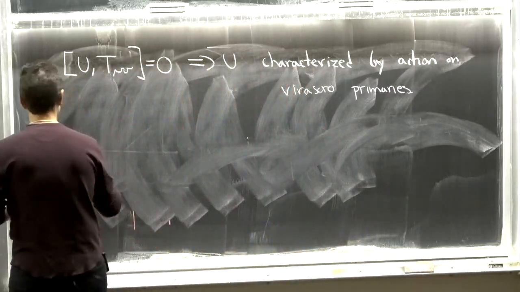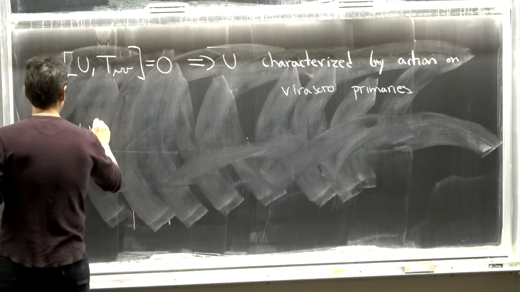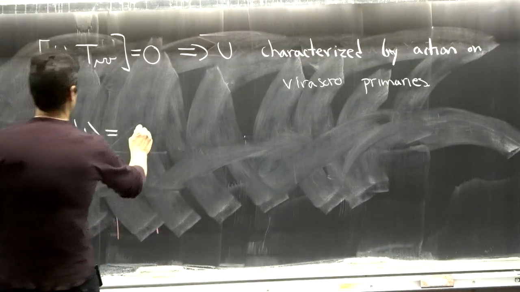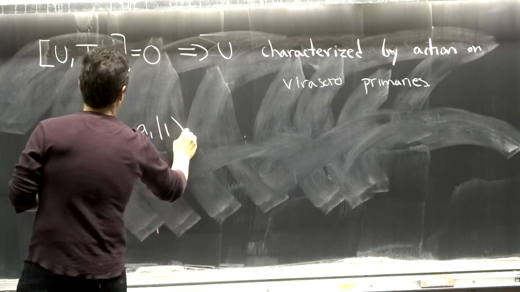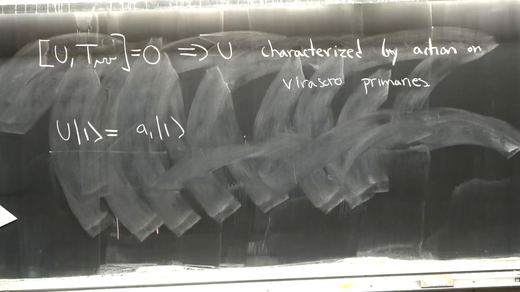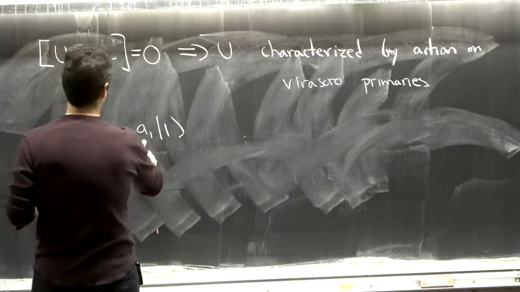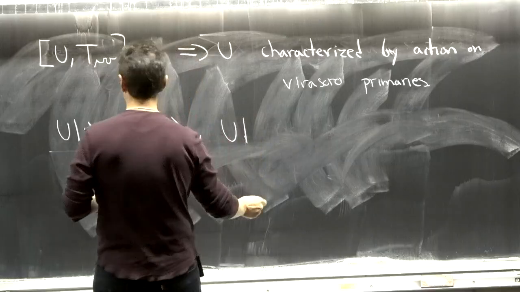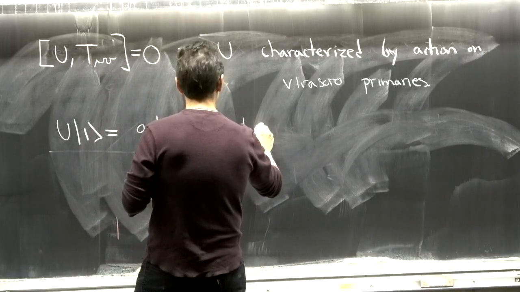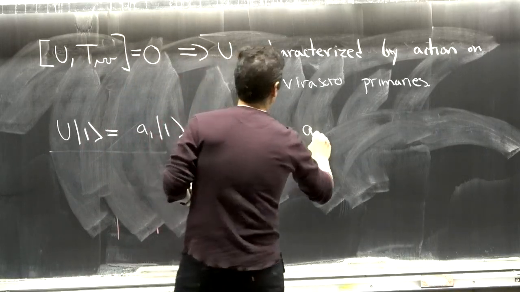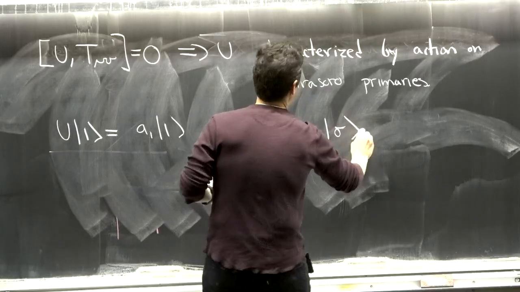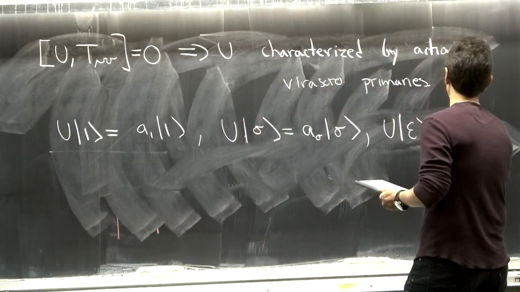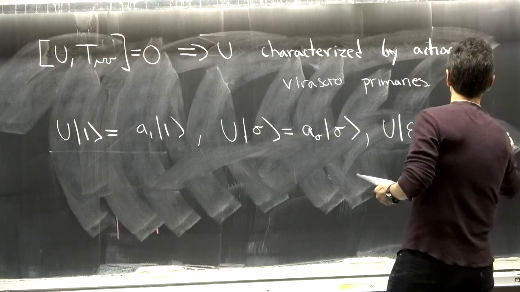Okay. So we will write it this way. We introduce three numbers characterizing any U. U is going to be a line operator for us. So there'll be an eigenvalue of U acting on the identity state, an eigenvalue of U acting on sigma, and an eigenvalue of U acting on epsilon.